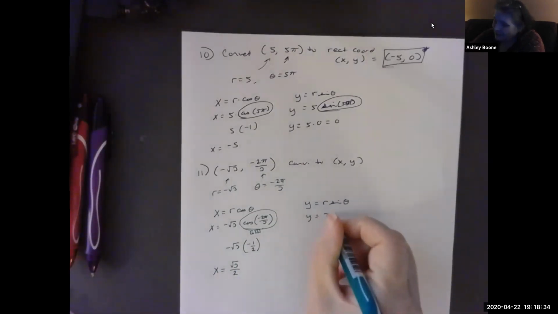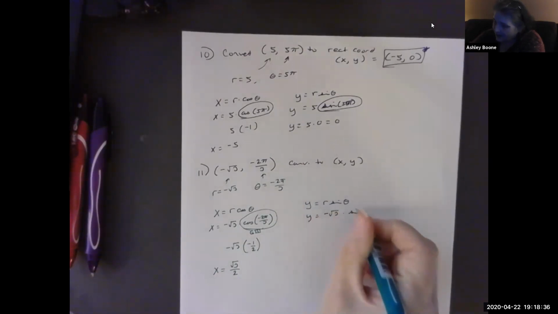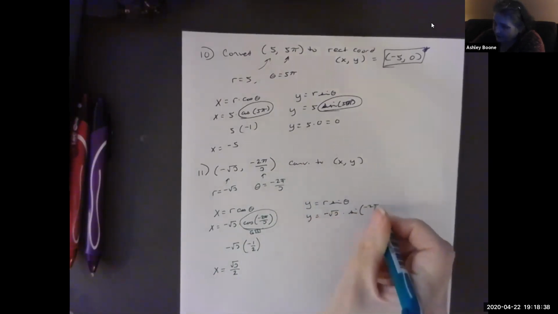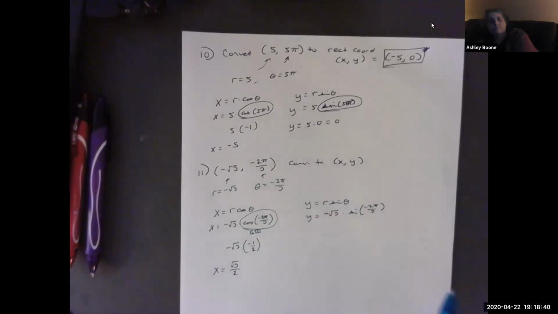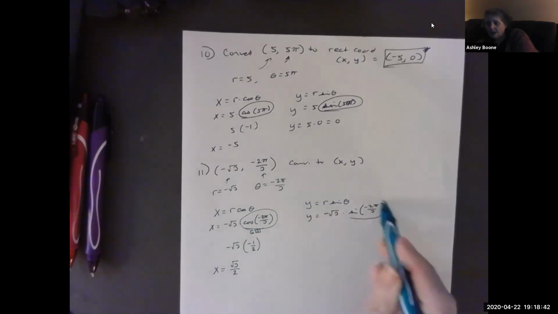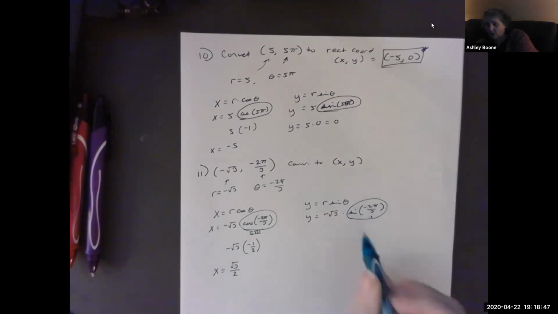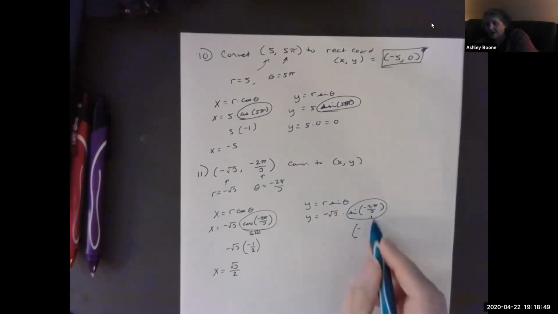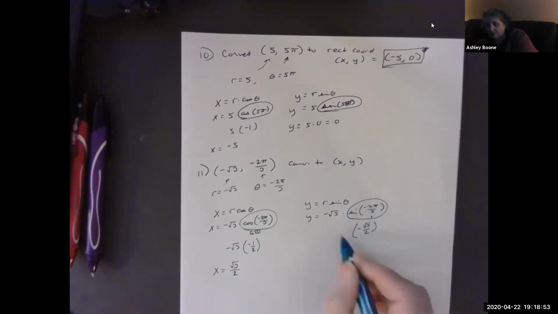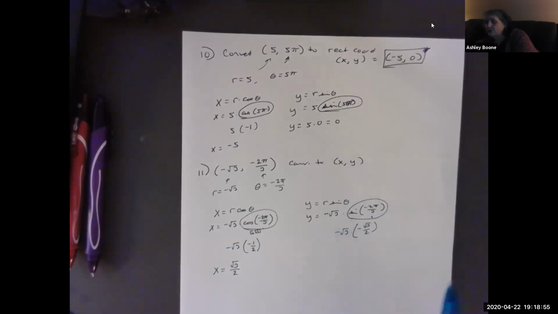So y is equal to -√3 times the sine of -2 pi over 3. Again, this angle is in quadrant 3. Sine is going to be negative in quadrant 3. And any pi over 3 angle is going to have a sine of √3 over 2. So we have -√3 times -√3 over 2.